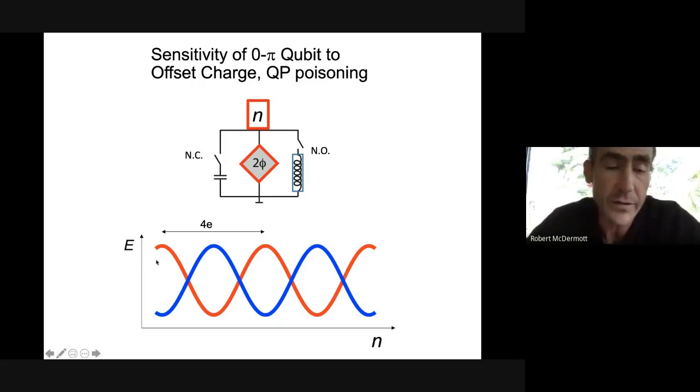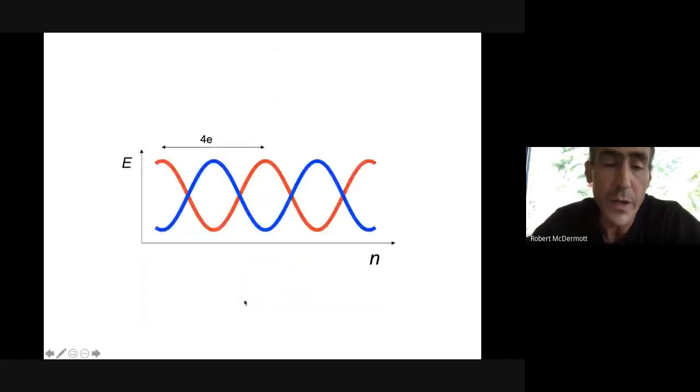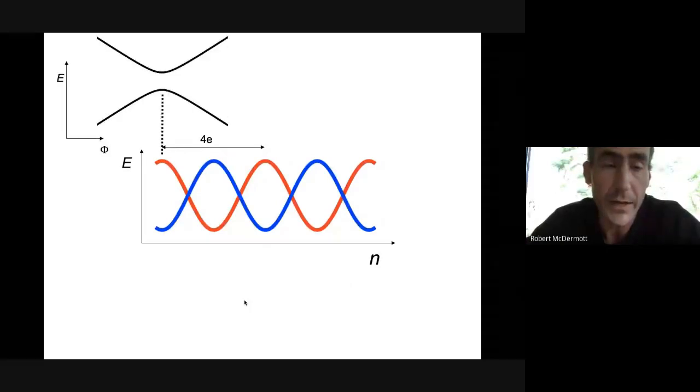And so you've got a tunnel splitting between the 0 and pi wells that's got an absolute value that is 2e periodic. So we would like to be able to stabilize the offset charge on that island, for example, at 0 charge, and operate at a place where the tunnel splitting is greatest.